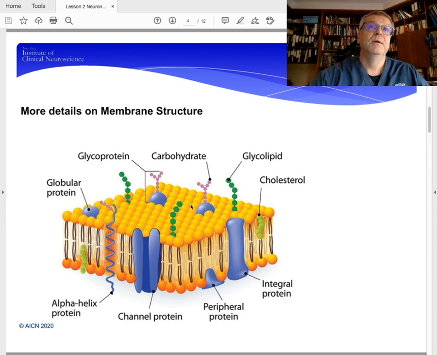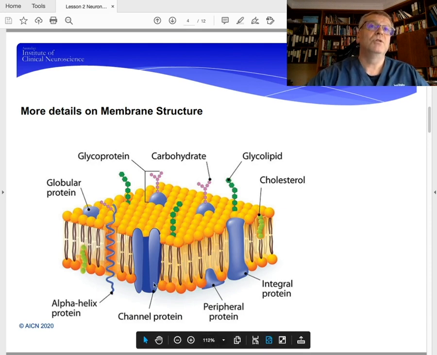They have many others. So you'll see there are proteins that are going through the complete bilayer. There are proteins that are only on one side of the bilayer, and there are also proteins which we call channel proteins.